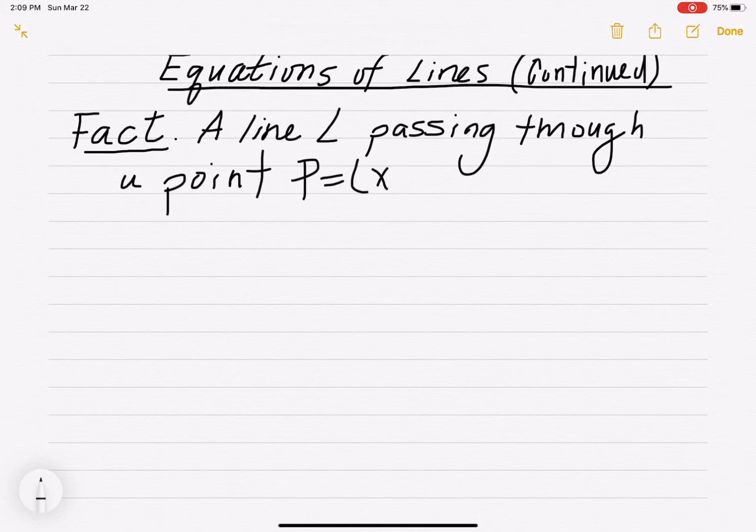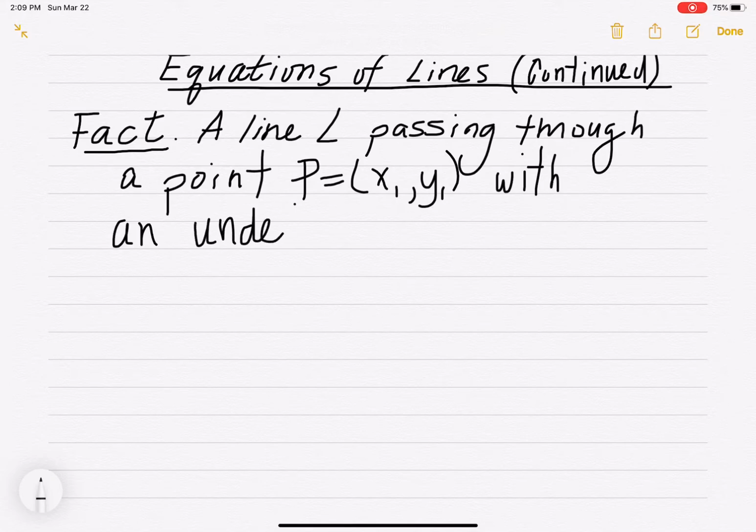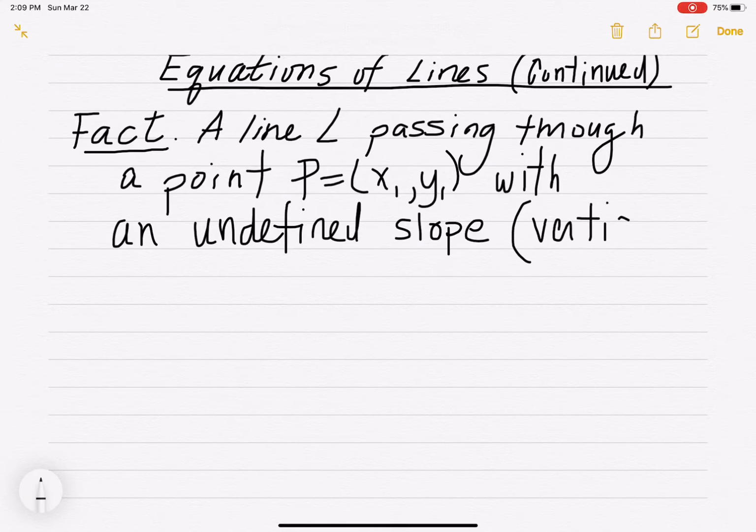So you know a point on the line with an undefined slope. That means it's vertical, right? Vertical line. If you got an undefined slope, you got a vertical line.